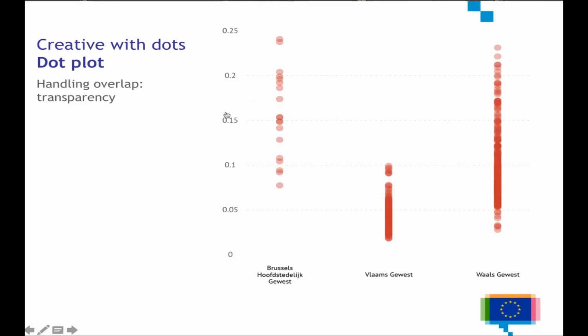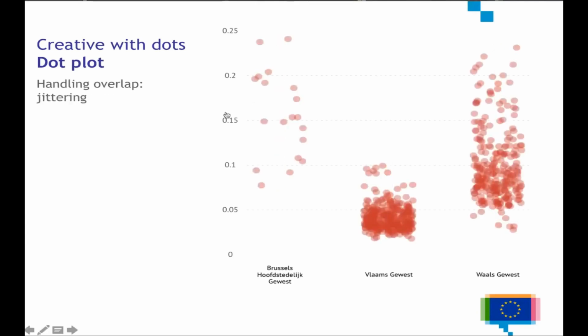Another technique is using what is called jittering. And with jittering, you add some randomness to the position of the dots, and in this case, we are adding some randomness to the X position of the dots. This gives the dots even more space to be visible. And with this technique, we can see that we still have a very dense cluster here for the Flemish municipalities, while on the right, you can see that the density is much less.